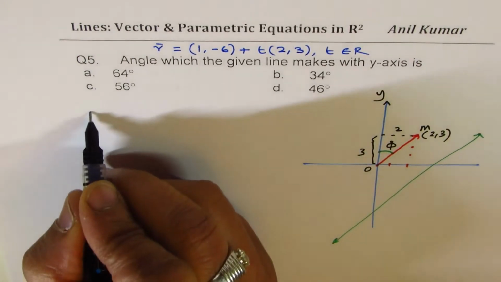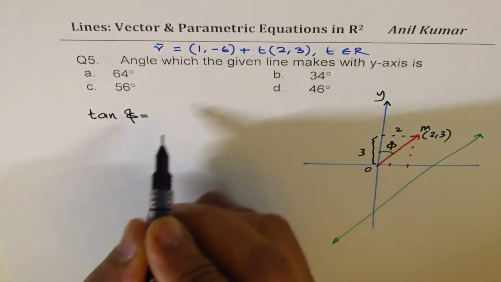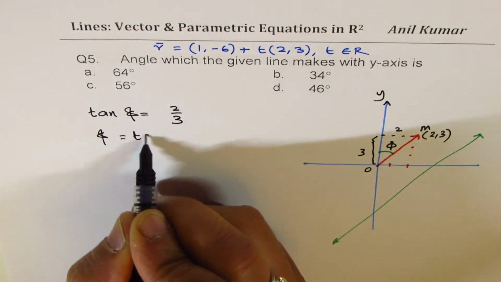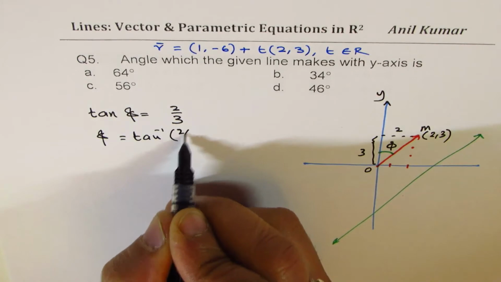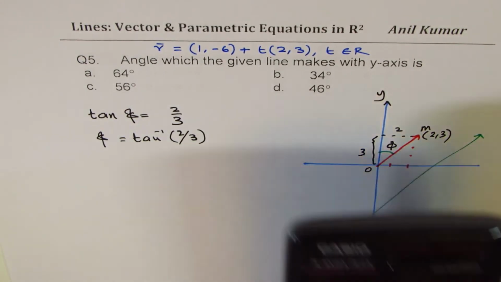So you can use tan phi as 2 over 3 and find phi using tan inverse of 2 over 3, right? That should give you the answer with y-axis.